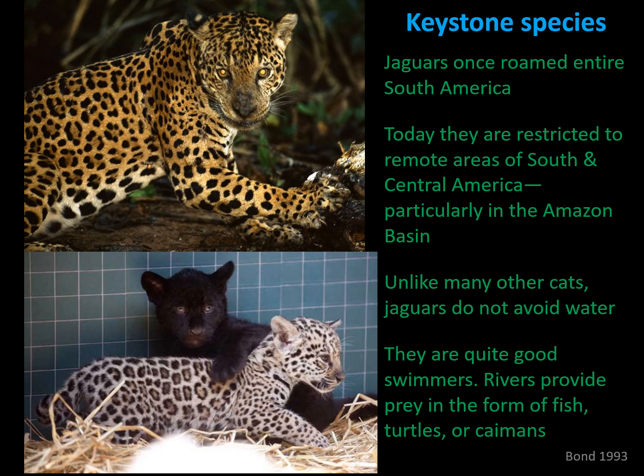They are great swimmers, and so rivers actually provide many prey for them, such as fish, turtles, and caimans. And of course, not to mention the fact that they can also prey on the land.